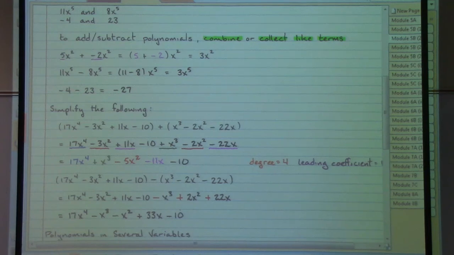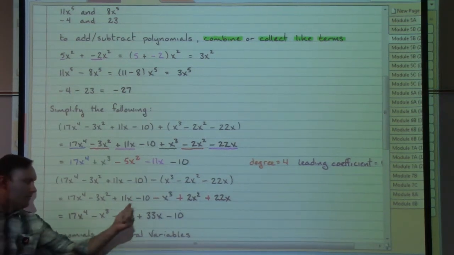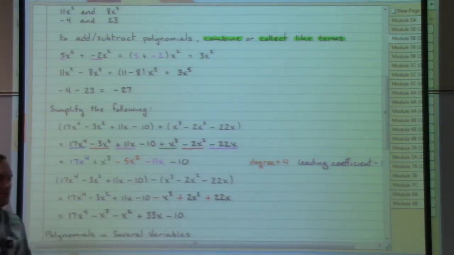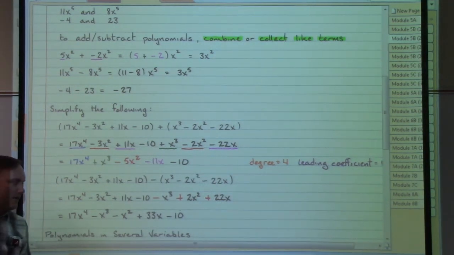And because I wasn't feeling particularly creative in building these two examples, the degree is 4, the leading coefficient is 17, just like the previous example was. And we have a total of 5 terms, also like the previous example. So not a lot of variety here between those as far as classifying things.